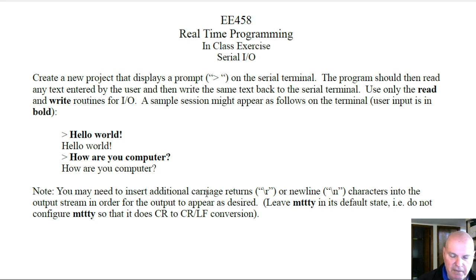I mean, you will have to have the right type of string termination. Either carriage return, which the C string encoding for that is a \r, or a new line \n. I think most of you are familiar with that in C. Typically, you just use a \n to terminate a string.